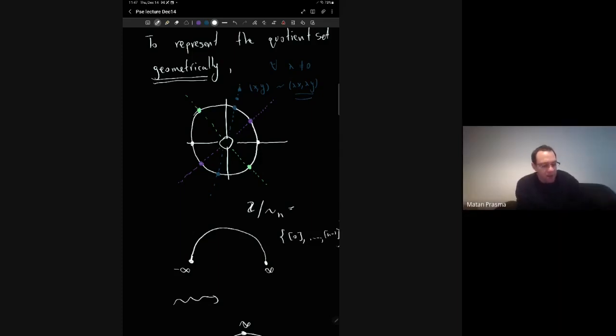So for a line, I want to represent a line with just one point. So I could take the point on the line whose distance from the origin is 1, and let's say the point that sits on the upper half of the plane.